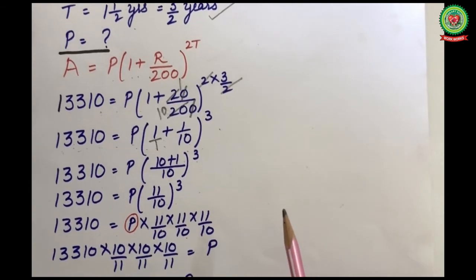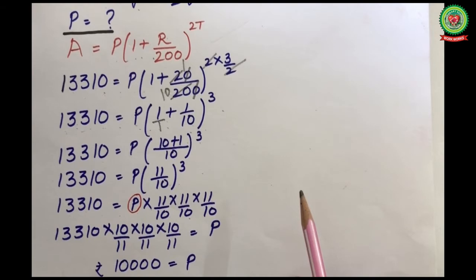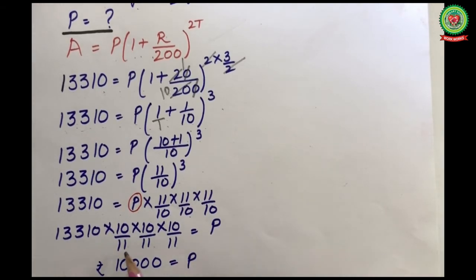And the next step, we are going to shift 11 by 10 on the other side. So on shifting, we get 13,310 into 10/11 into 10/11 into 10/11 is equal to P. Now we have to do the cuttings here. So we are going to do the cutting of 11 and 13,310.